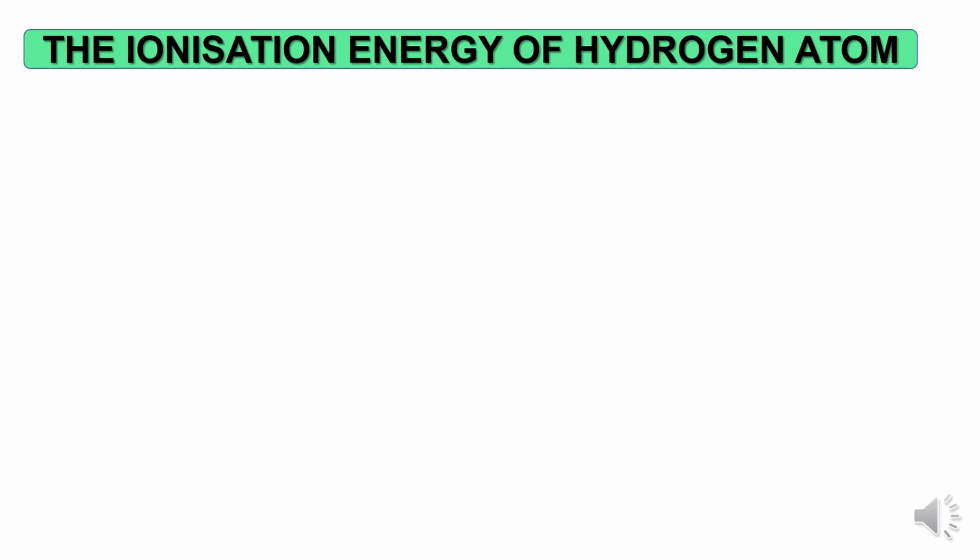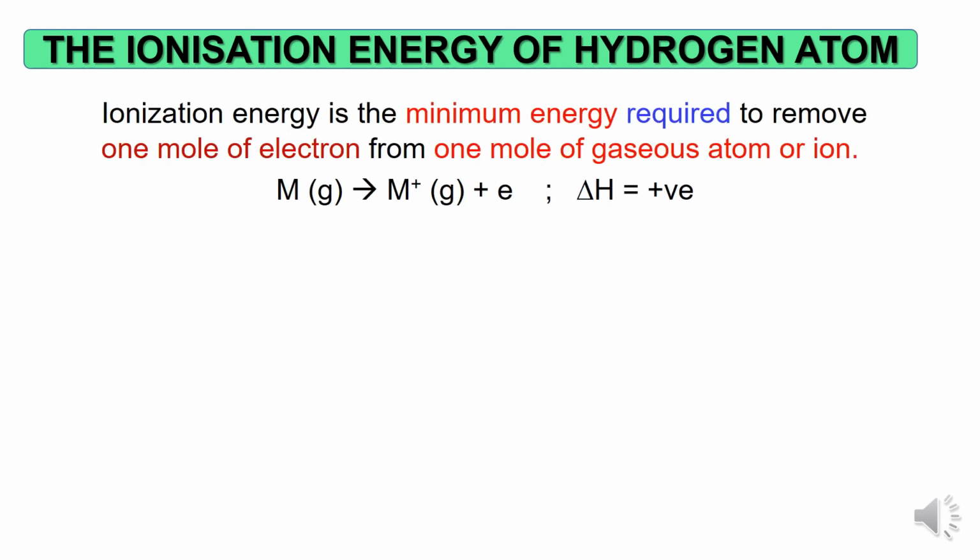The ionization energy of hydrogen atom. Ionization energy is the minimum energy required to remove 1 mole of electrons from 1 mole of gaseous atoms or ions. It can be represented by the equation M in the form of gas, remove 1 mole of electrons, will produce M plus in the form of gas, delta H equals a positive value.